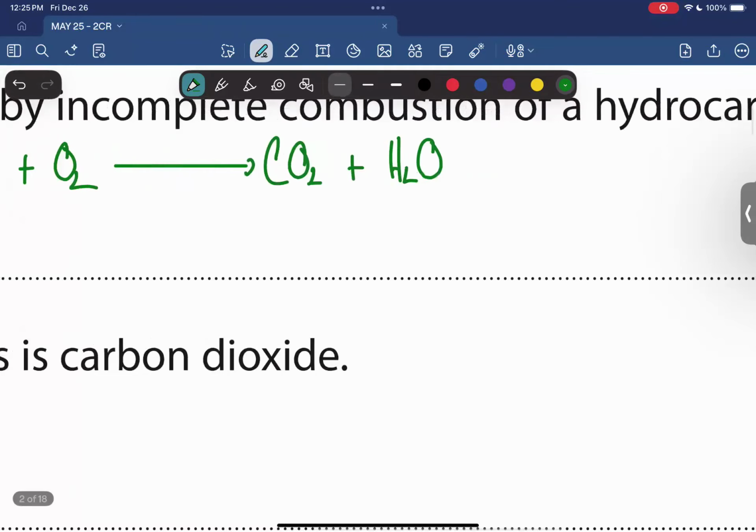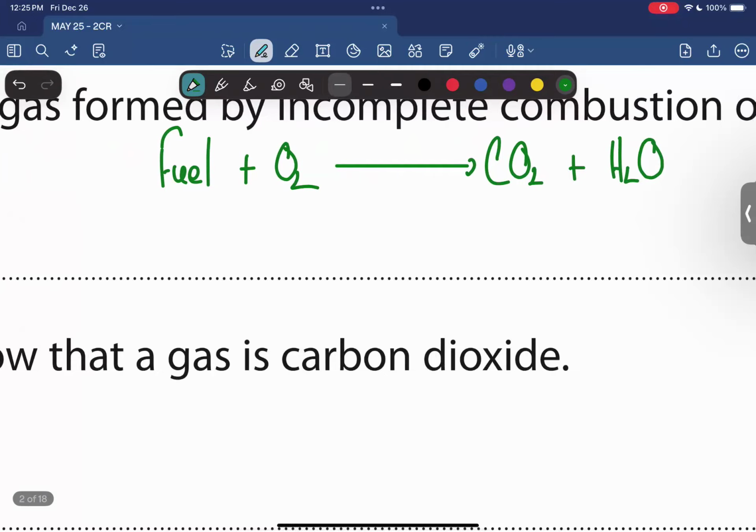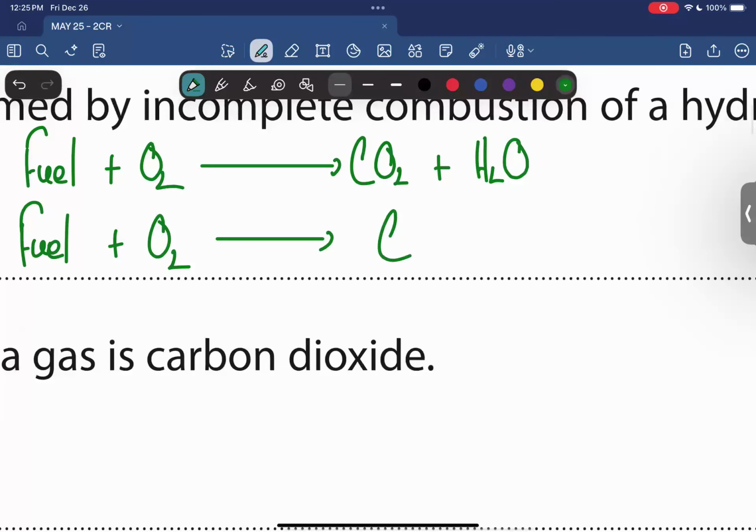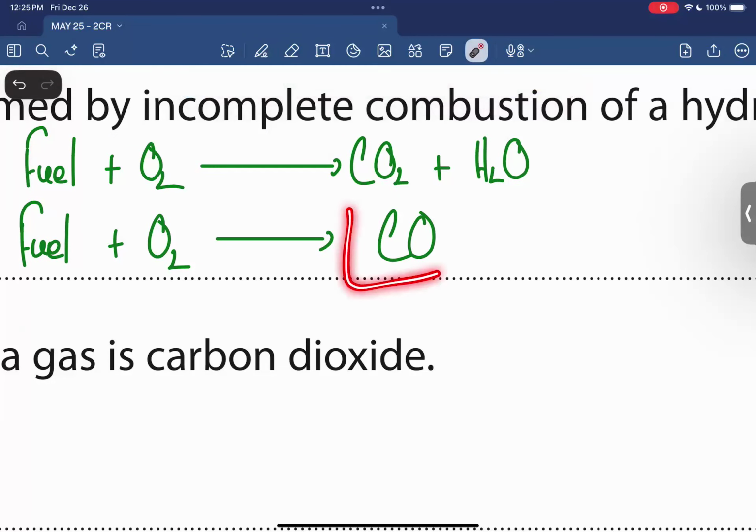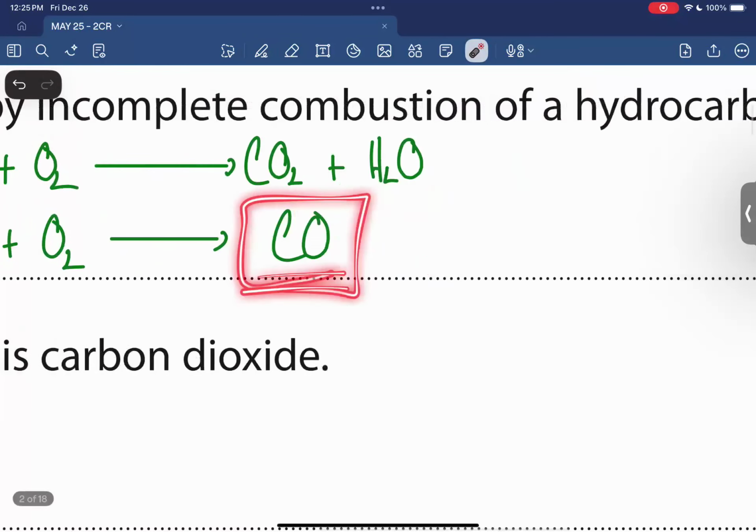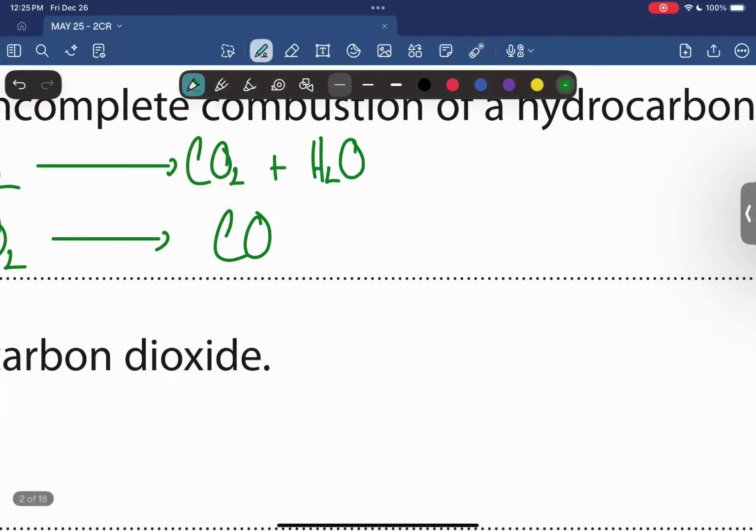But when a fuel burns in the presence of insufficient oxygen, it leads to the production of carbon monoxide, which is what we refer to as a toxic gas.